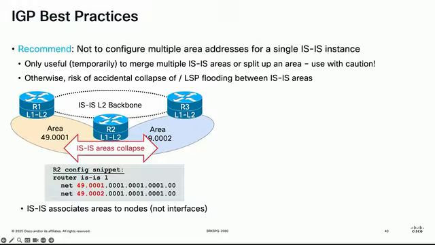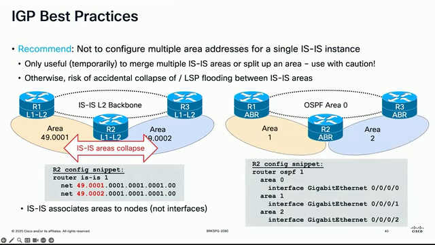In OSPF, conversely, OSPF associates areas with interfaces, right? And so a single OSPF ABR can support multiple independent areas, which is not the case with ISIS.